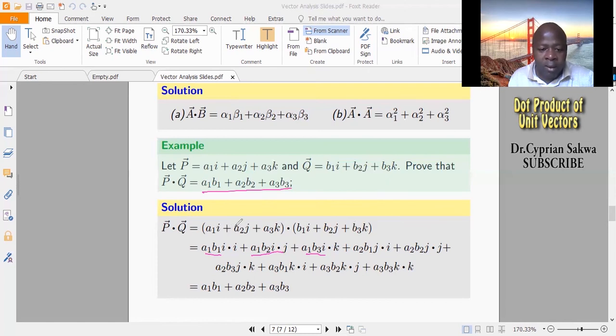So let's do now A2 j times the whole of this. So A2 j dot B1 i, it will be A2 B1 j dot i. So you do that for the entire thing. Then after doing that for the whole of it, remember that i dot i will be 1, but this one will be 0.